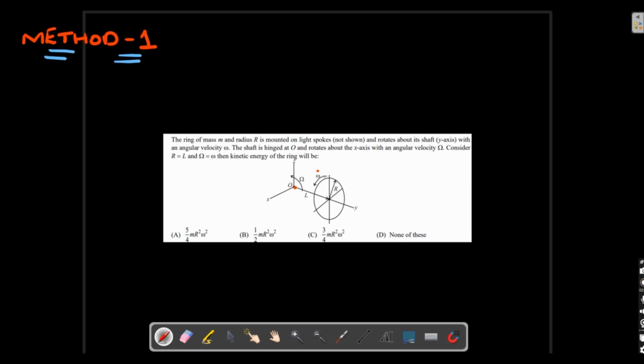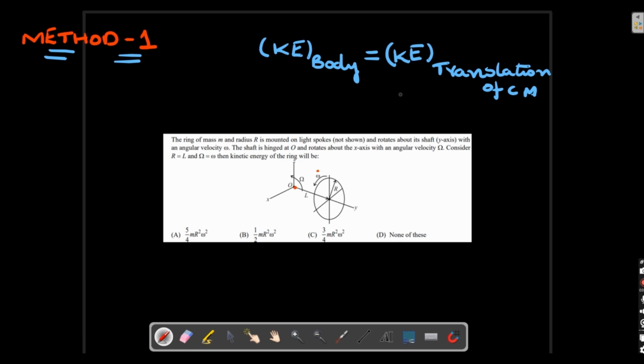We know that the kinetic energy of any system or body is the kinetic energy due to translation of the center of mass plus the kinetic energy due to rotation of the body about the center of mass.